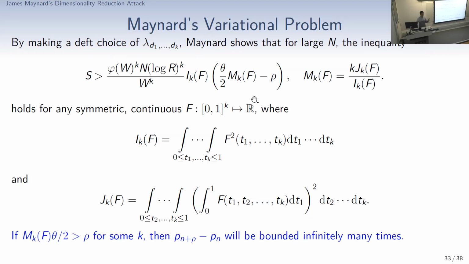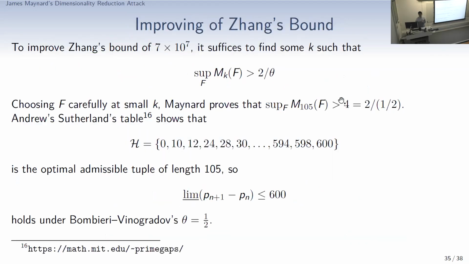In the consecutive two primes case, we just need rho equals 1, which means that as long as we can choose some k to make this inequality come true, then we can locate an admissible tuple with k elements to give the upper bound for the small prime gaps.